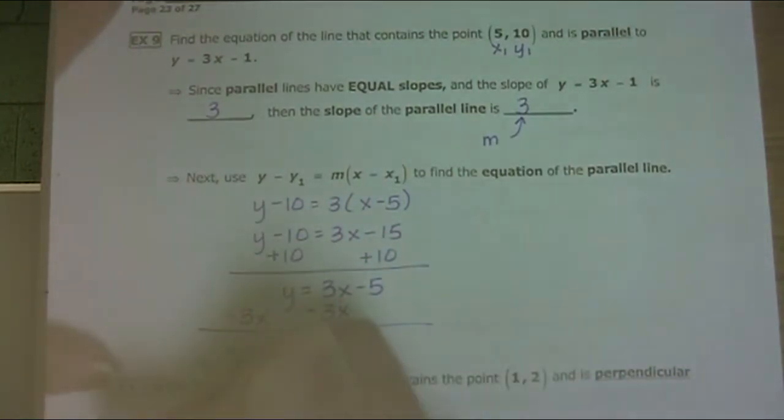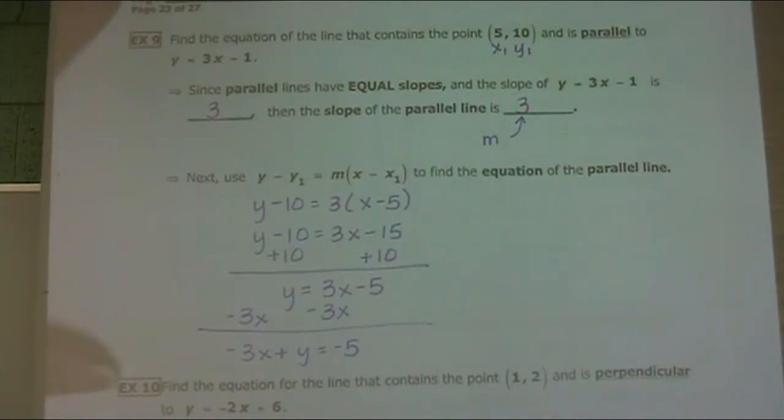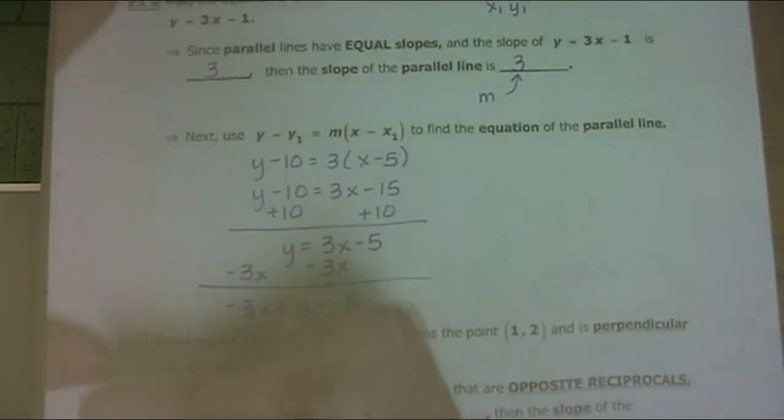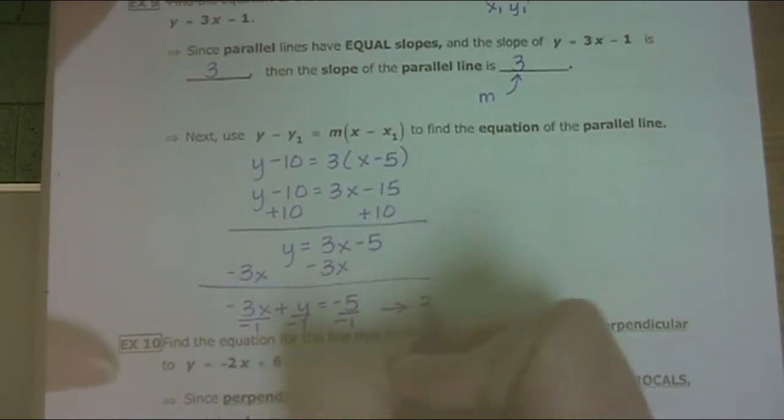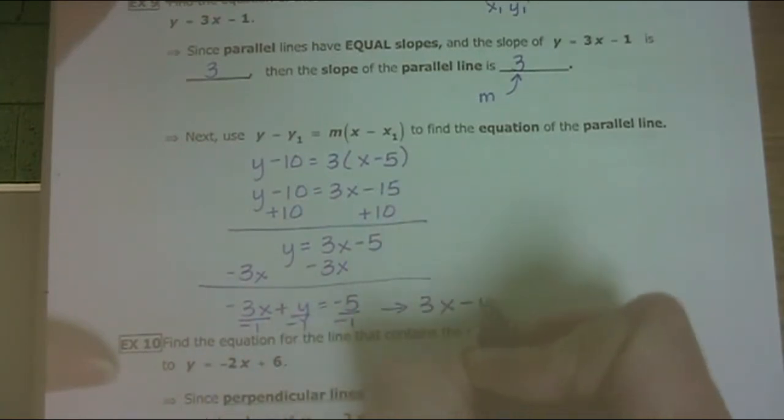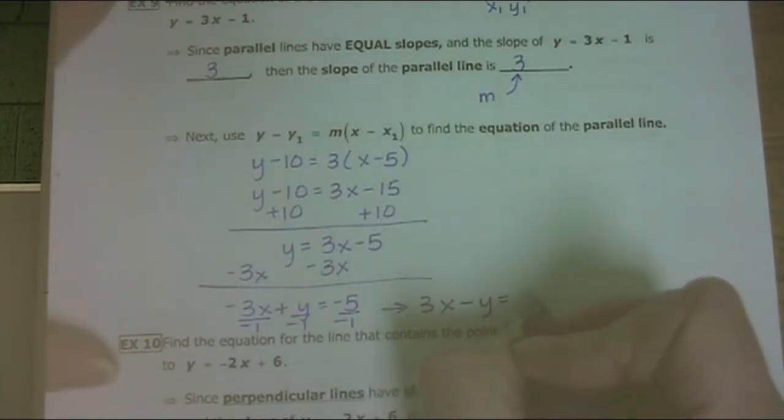And I have negative 3x plus y equals negative 5. The only issue is I can't have a negative in front of my x term, so I'm going to divide all three parts by negative 1. This is going to give me 3x minus y equals positive 5.